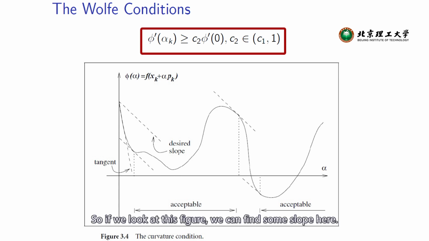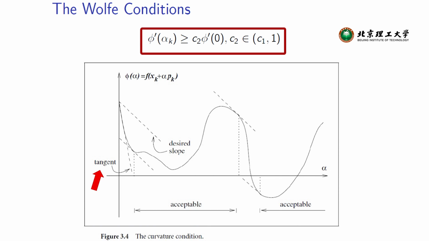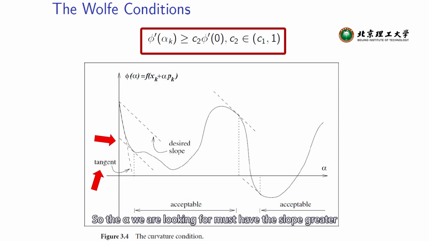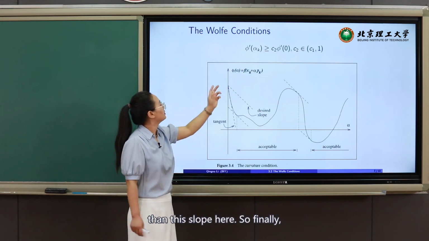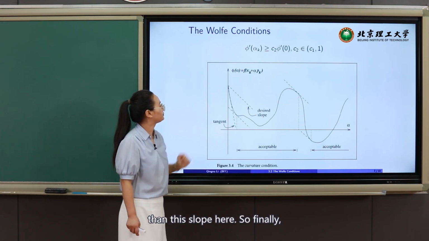If we look at this figure, we can find some slopes here. The slope of the tangent at 0 is phi prime 0, and the slope a little more horizontal here is the slope of the right-hand side. So the alpha we are looking for must have a slope greater than this slope here.